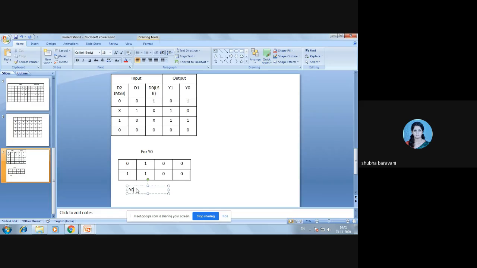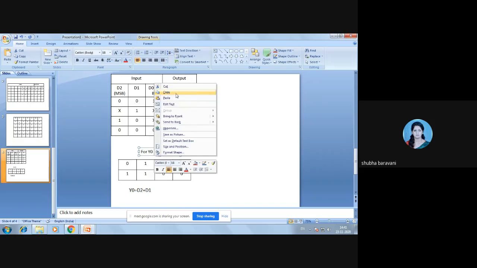So my y naught is equal to, I get d2 plus d. All are doing or no? Sai Prakash? Yes, ma'am. Doing it. Same answer. You check for the same answer. Yes, ma'am.